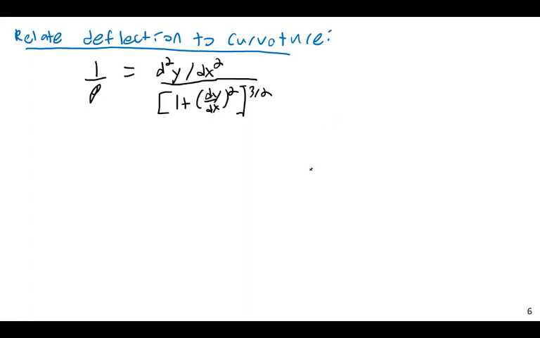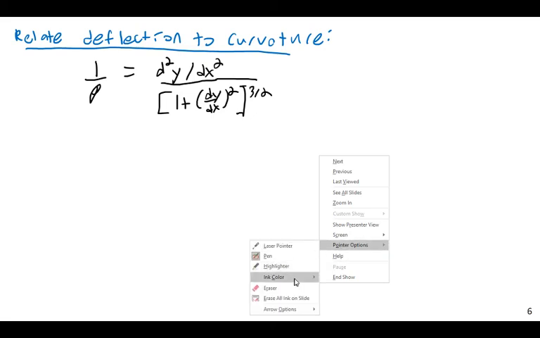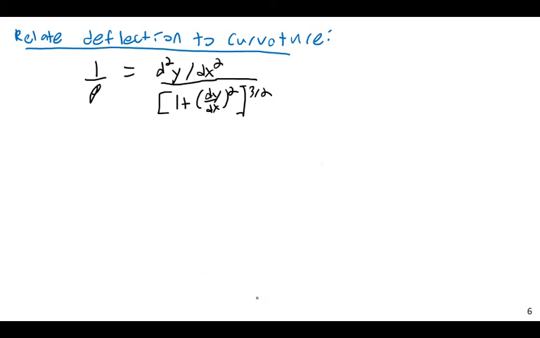Okay. Now, we are going to make an assumption here, just like we always make assumptions in engineering, just like we make the assumption that something is linearly elastic or that we have a constant cross-section, etc. I am going to make what is known as a small deflection or a small angle assumption. So I'm going to assume this is 0 via a small deflection assumption.